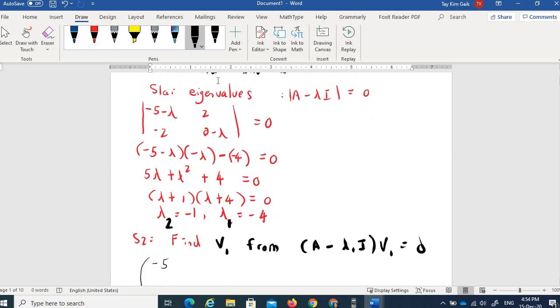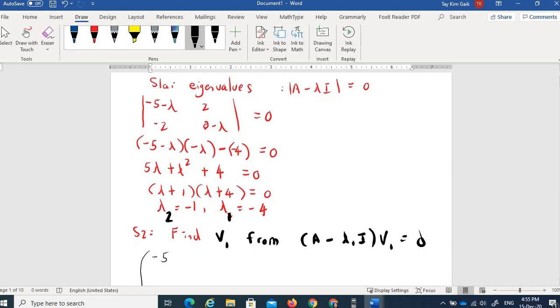From here you change to round brackets, plug in lambda 1, which is negative 4. So you have negative 5 minus lambda, so minus negative 4. Okay, this is 2, this is negative 2, and then lambda is negative 4. V1, let it equal to x y, equal to 0.